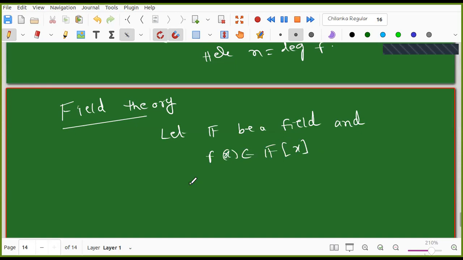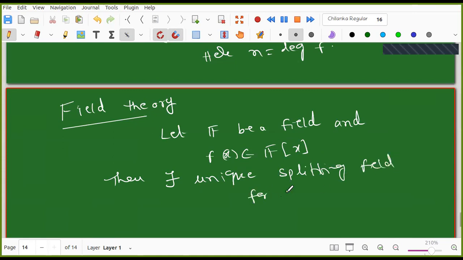Then there exists a unique splitting field for f(x) over F. Is it okay? Is it clear?